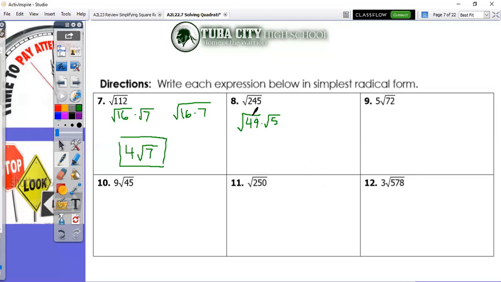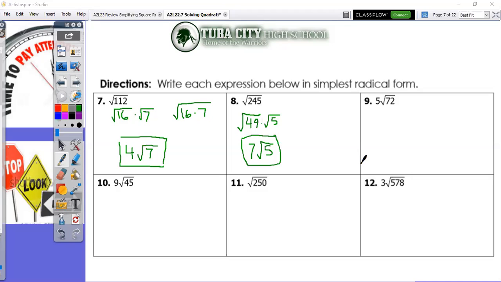And let's take the square root of 49, which is 7. So 7 becomes a whole number out front. 5, on the other hand, we can't do much with, so it's just going to stay in the radical. All right, so I guess that's it for those two. Let's move on to number 9.